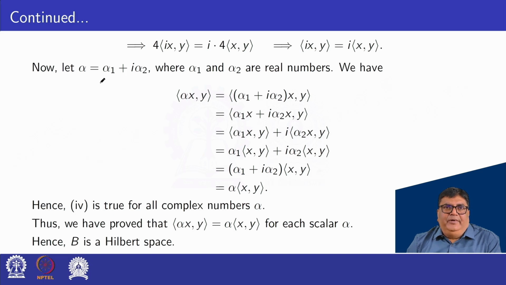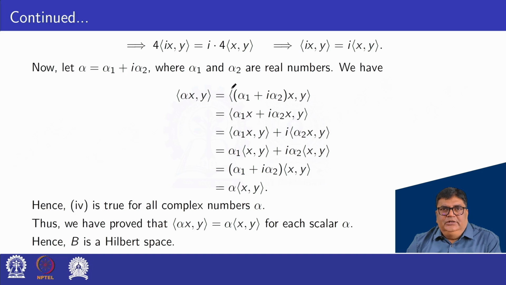Now taking alpha equal to alpha 1 plus i alpha 2, where alpha 1 and alpha 2 are real numbers, we have the inner product of alpha x, y equal to the inner product of alpha 1 plus i alpha 2 times x, y.